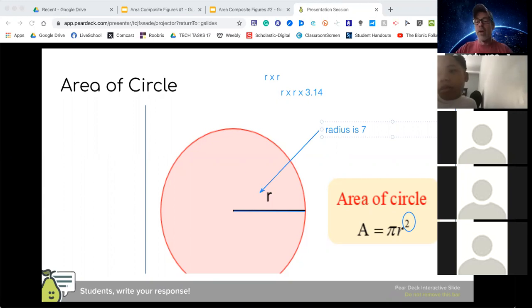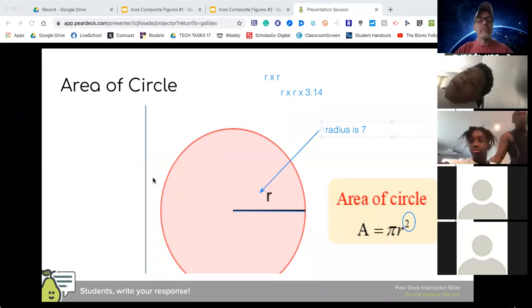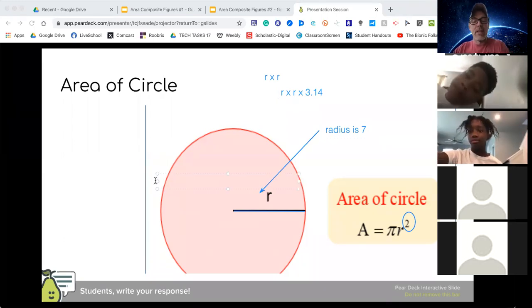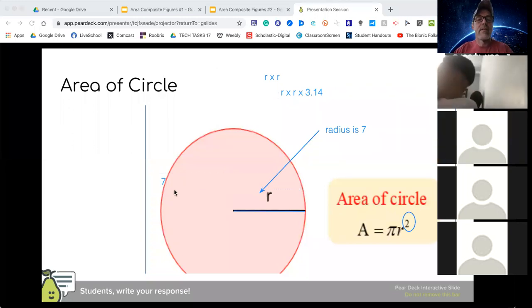So that's what we want to know. If the radius is 7, what would the answer be?